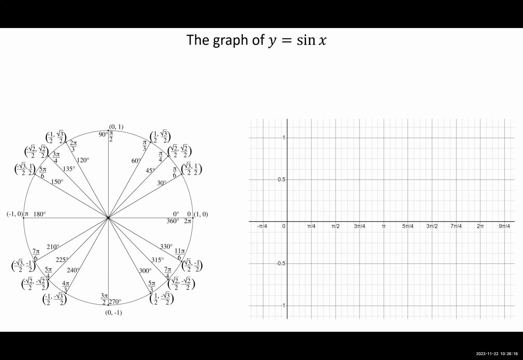Okay, so we're going to start off with the graph of the sine function. Now you see the unit circle over here on the left. You see an empty graph over here on the right. So basically, we're going to start with the unit circle, and that's going to be our tool, our method for generating points.